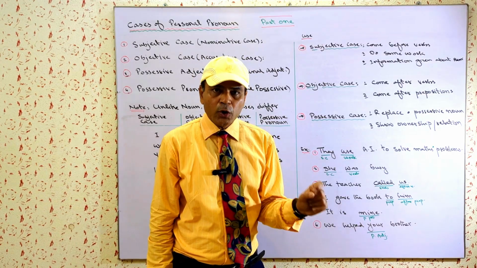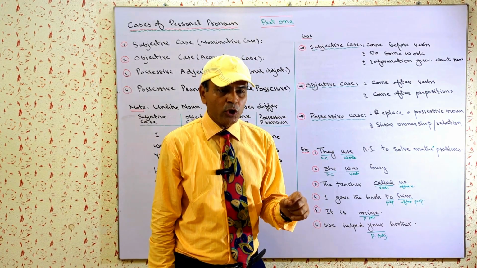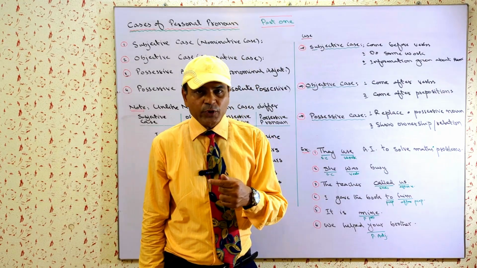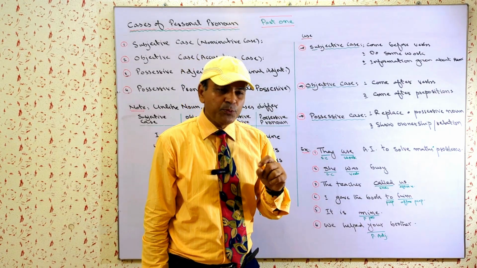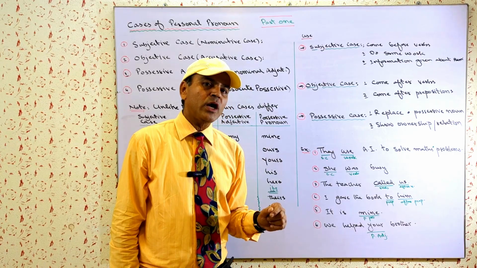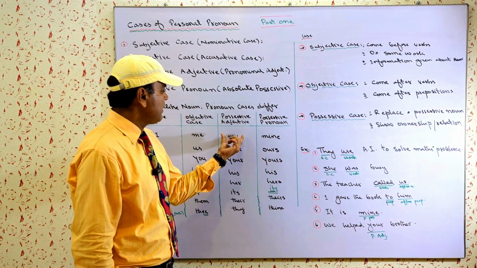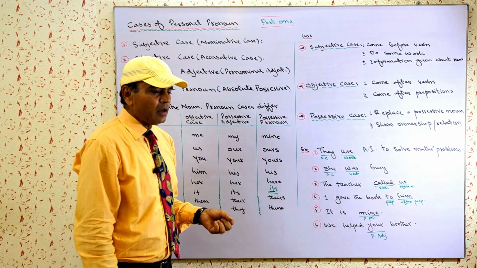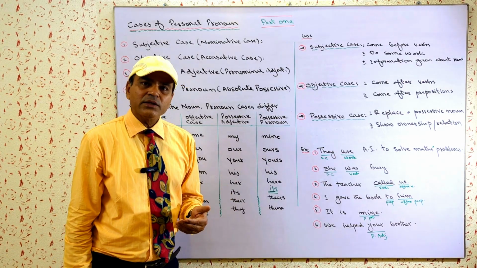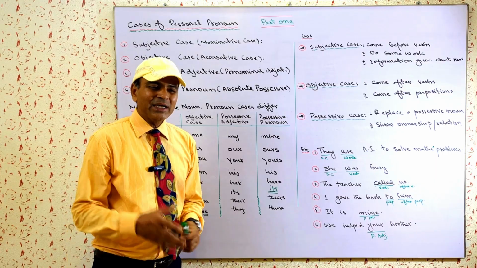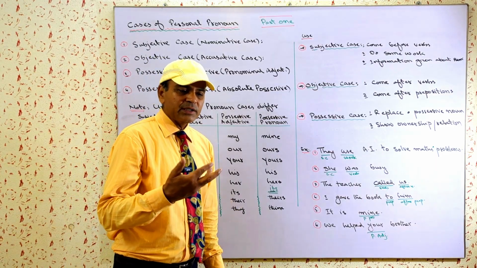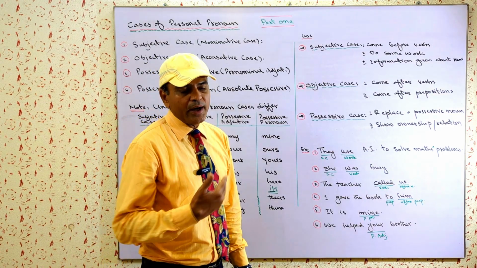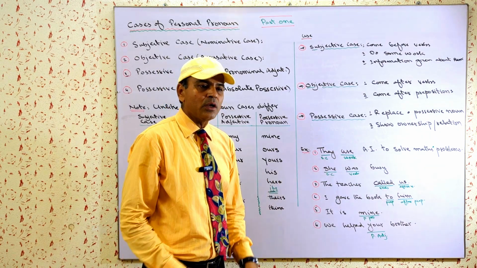For example, if I say boy's ball, the ball belongs to the boy, and I want to replace boy's with any pronoun, so that pronoun will be my possessive adjective. So his ball. Then girl's doll. Girl's is a possessive noun, and after it I am using doll.